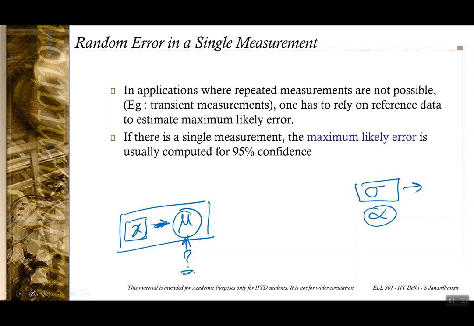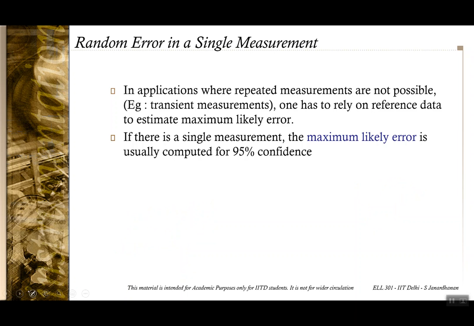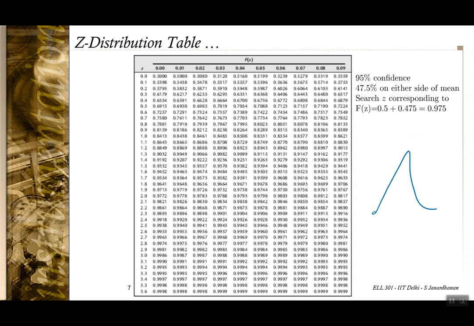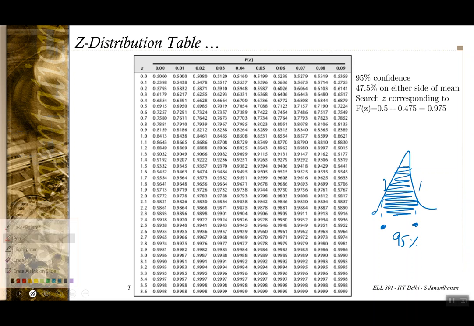So how do you get this 95% confidence limit? What we want is these boundaries so that 95% of the graph is within them, and this graph is centered around mu.